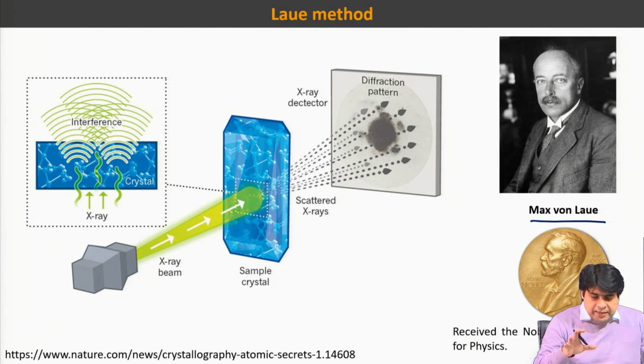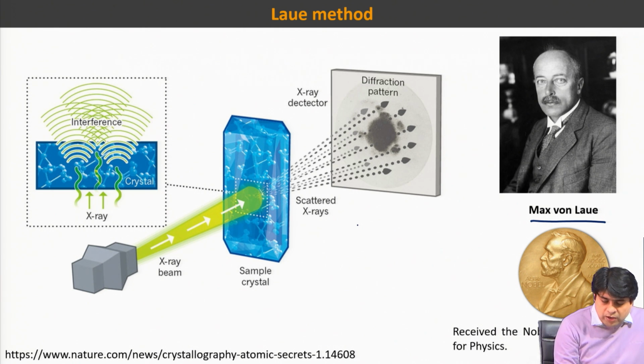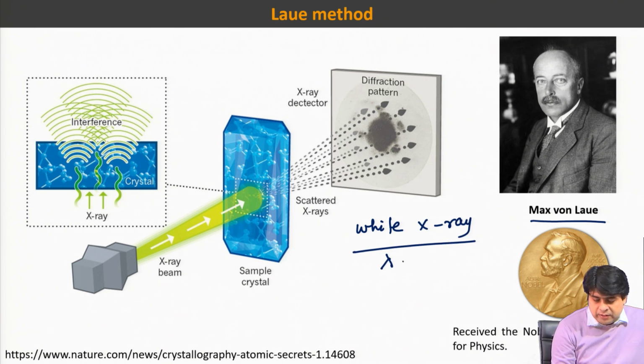So, basically in this Laue technique we use a white X-ray, so lambda varies. You do not use a fixed lambda value, but your theta is always fixed.